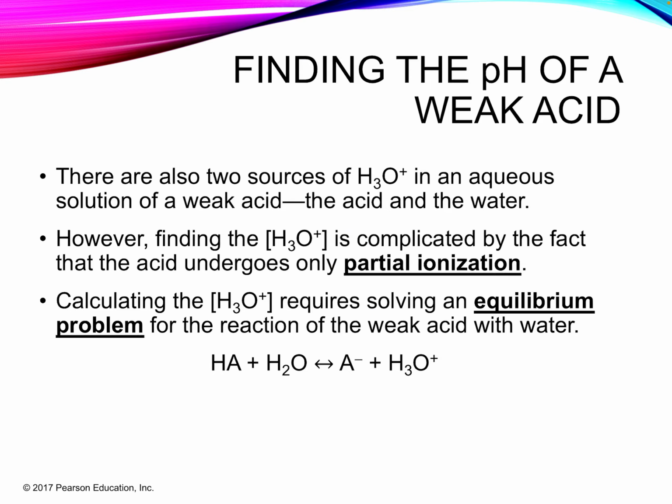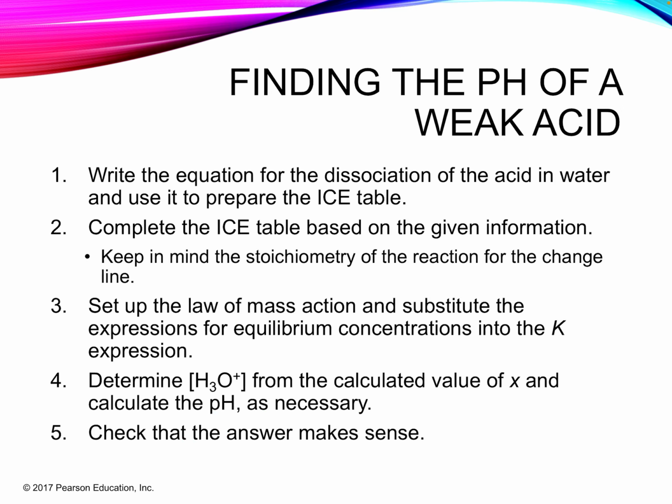Well, if you'll recall from that image, when we have a weak acid, we have some of our acid left, and we are going to have some H3O+, right? So we don't have this single-headed arrow where all of it ionizes. We only have partial ionization. Okay, so since we only have this partial ionization, we are going to have to solve an equilibrium problem, which means now we get to do more ice tables.